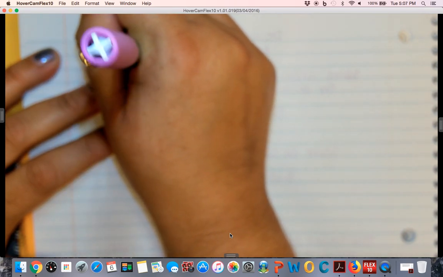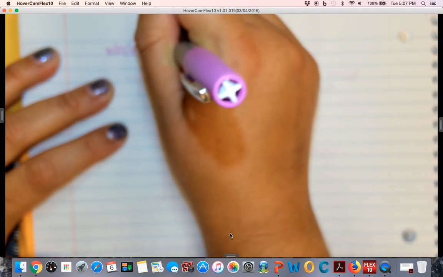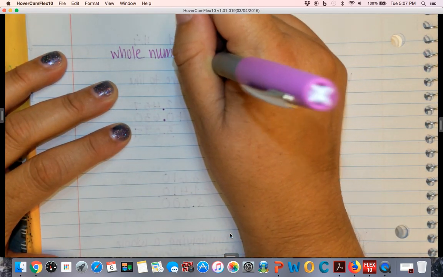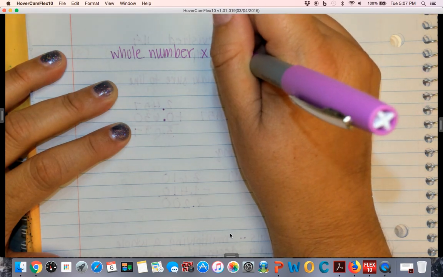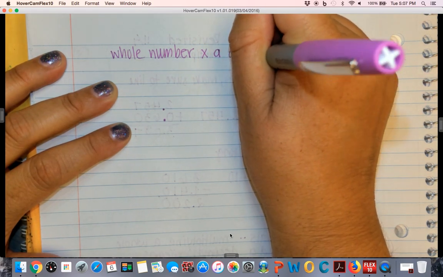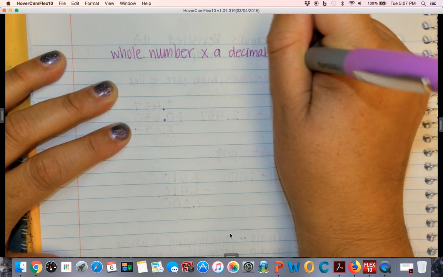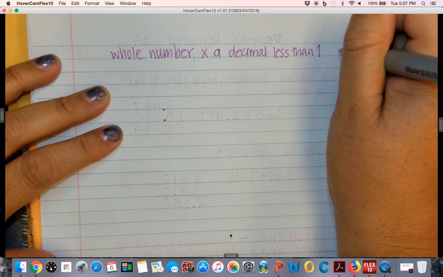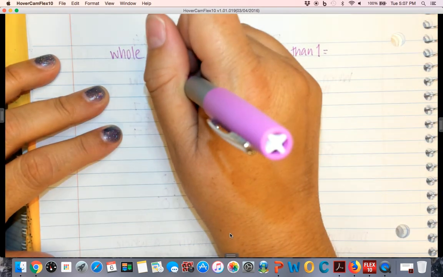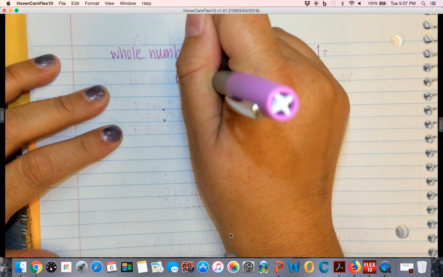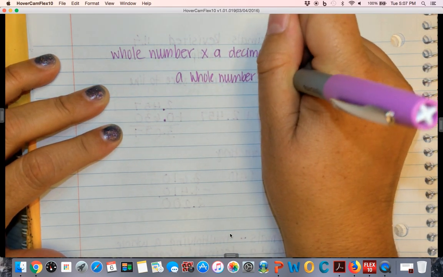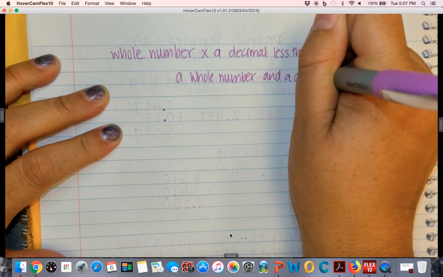A whole number, like we just saw in our problem, multiplied by a decimal less than 1 is going to give you a whole number and a decimal.